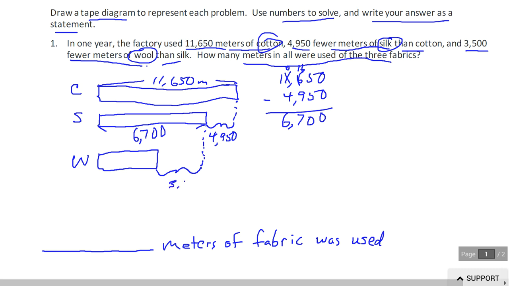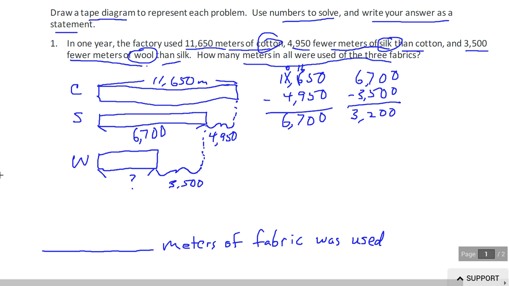We know it's this much less, 3,500 less, and we know that silk had 6,700. So to get this, we need to do another subtraction. We need to subtract 3,500 from 6,700, and then we get 0, 0, 2, 3,200.